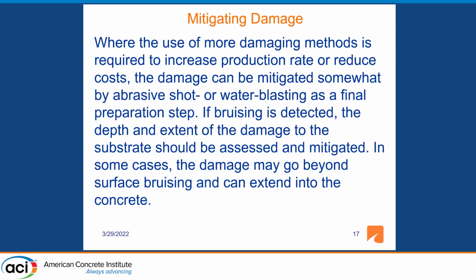Where the use of the more damaging methods is required to increase production rates, and that's usually the issue, fast production, more cracks, it can be mitigated somewhat by shot and water blasting as a final preparation step.